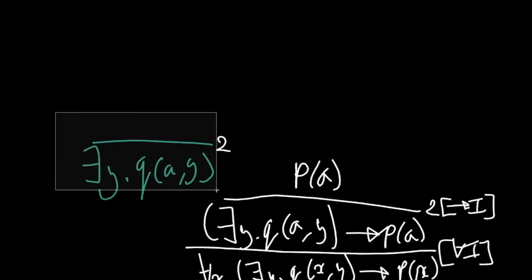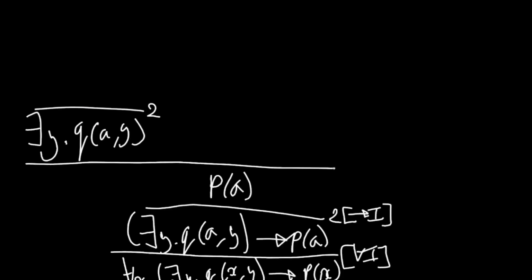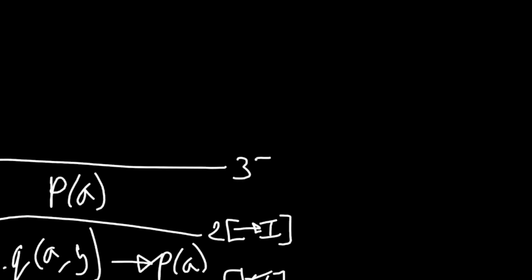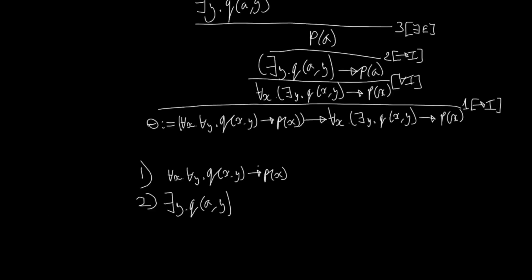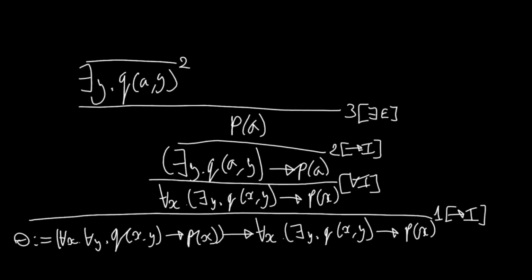That should be up here, 3, existential elimination. So assumption number 3 is q of AB, and we have q of AB, and for all x, for all y, q of xy, then p of x, and we're trying to get p of a.